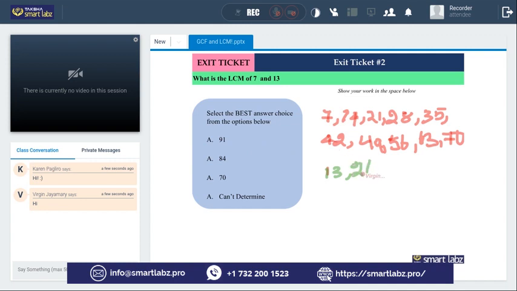26. 39. 3 times is 39. 4 times is 52. 5 times 65. 7 times 91. 8 times 4.